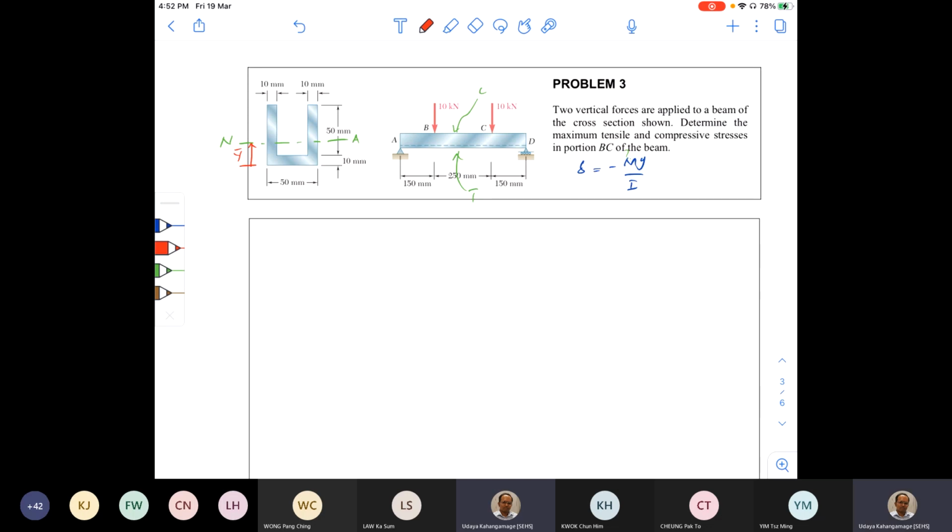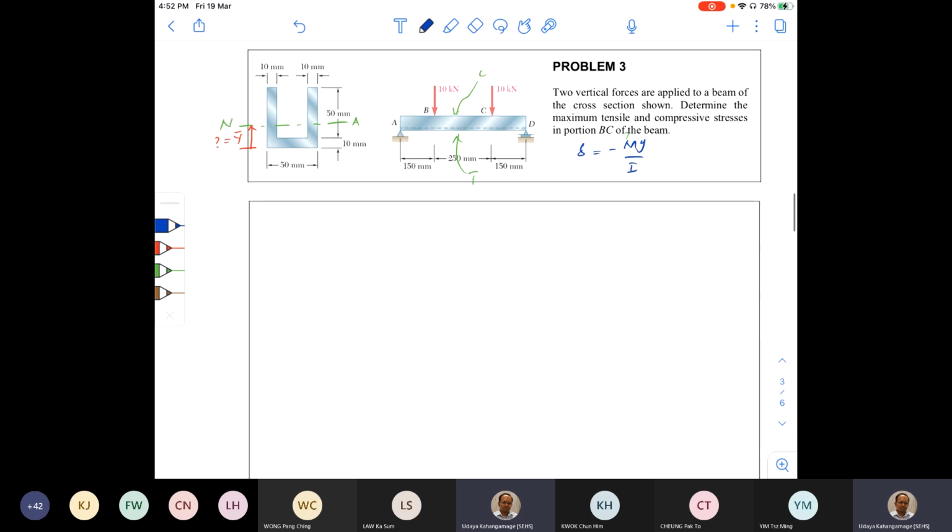So this is what I'm going to find out. You can write an equation and find this out, or you can use the tabular method that I have introduced in the class to find the distance to the neutral axis or the centroid.